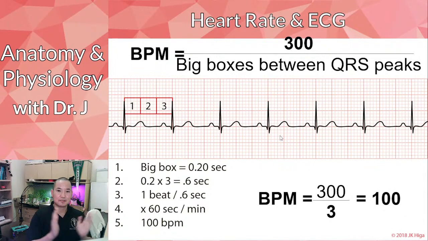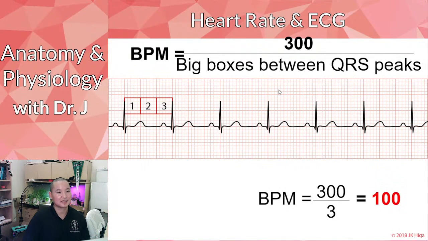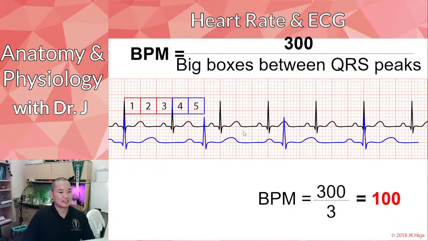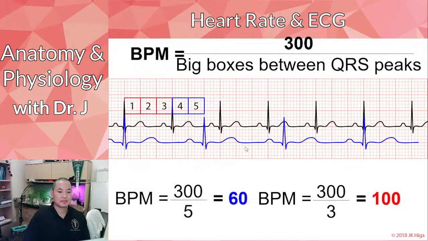Notice that the fewer boxes, the faster the beats per minute, and that's why I also progress this way. Notice that between 3 and 5 boxes, 5 boxes was 60 beats per minute, and 3 boxes is 100 beats per minute. What was that normal heart rate we were talking about? 60 to 100 beats per minute.